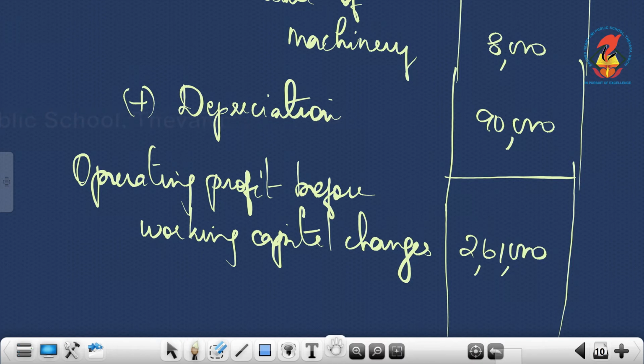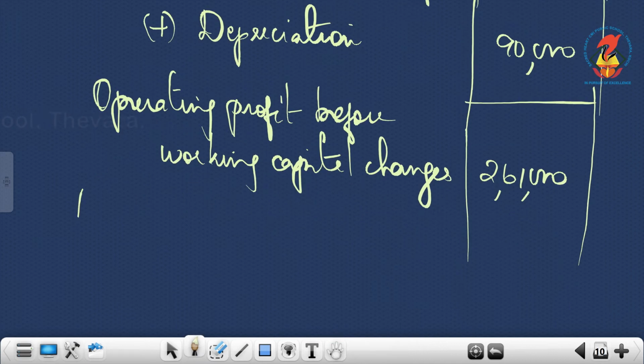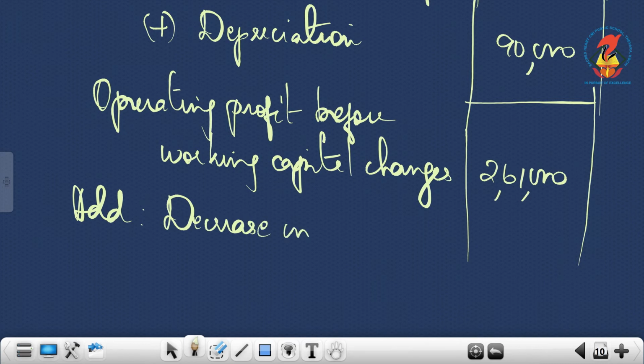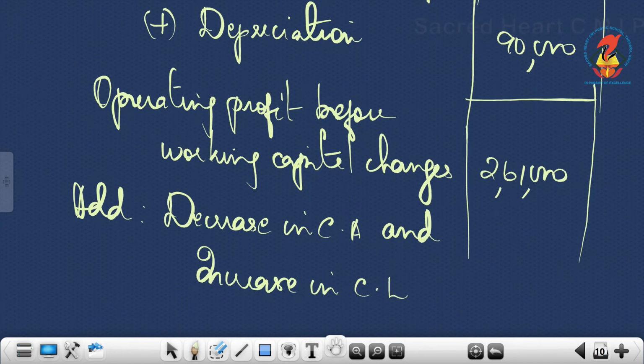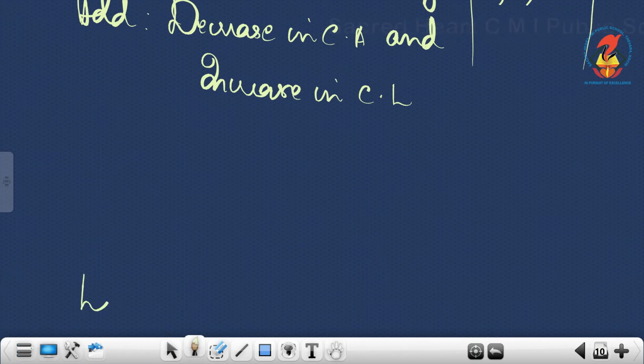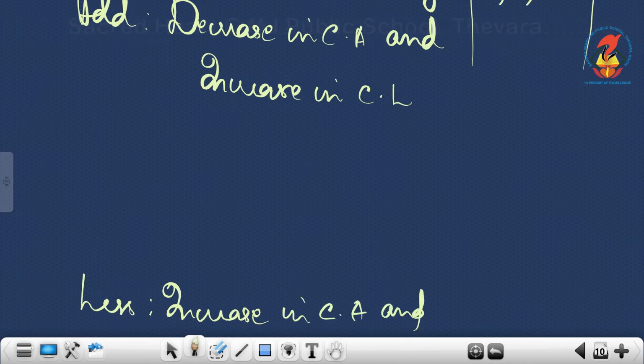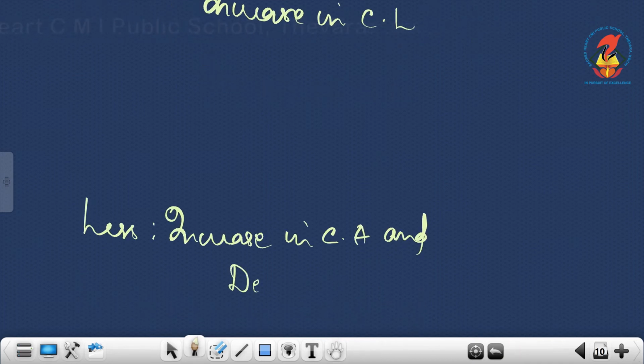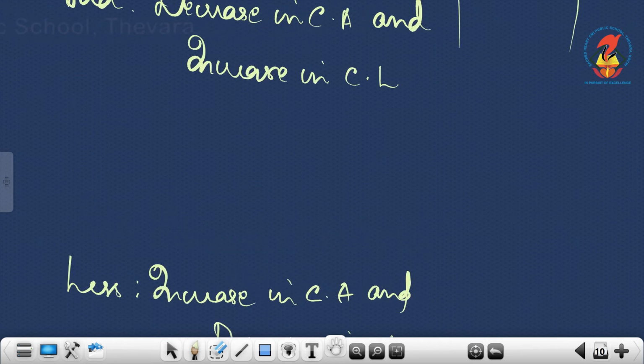With that we have to add, as usual, decrease in current assets and increase in current liabilities. Immediately after that you leave space and write less: increase in current assets and decrease in current liability.